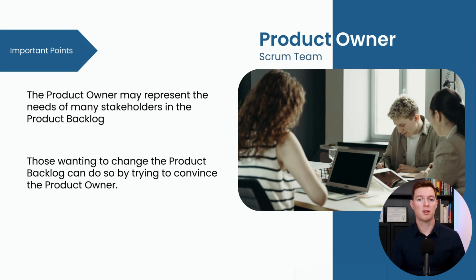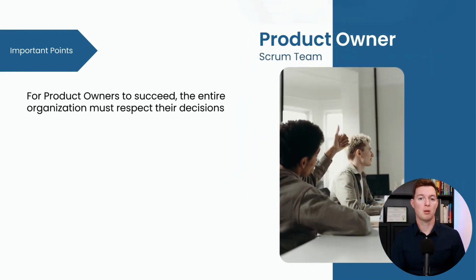For the product owners to succeed, because this is a really important role, the entire organization must respect their decisions. The organization has to put the product owner in charge of maximizing value of the product, and the product owner is monitoring the market and anticipating changes and working with stakeholders and users and clients and customers to understand what makes a valuable product.